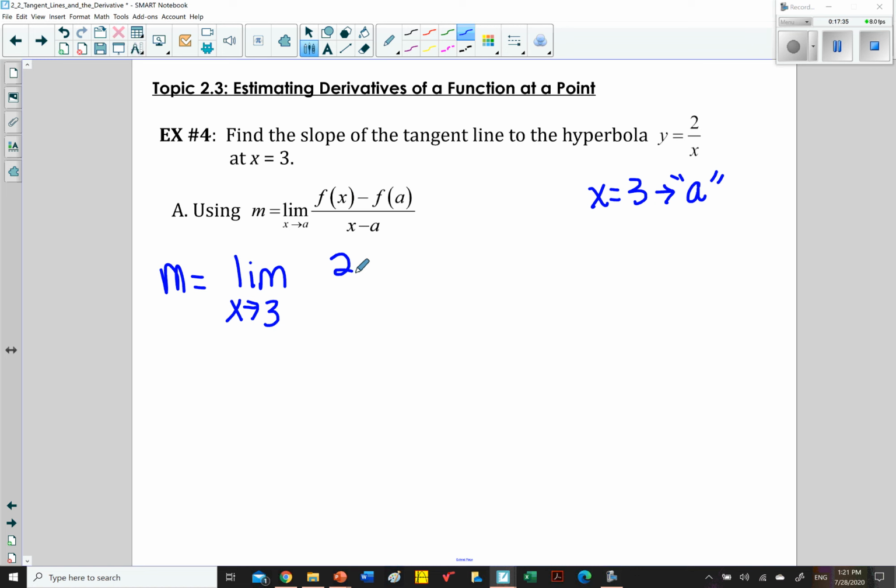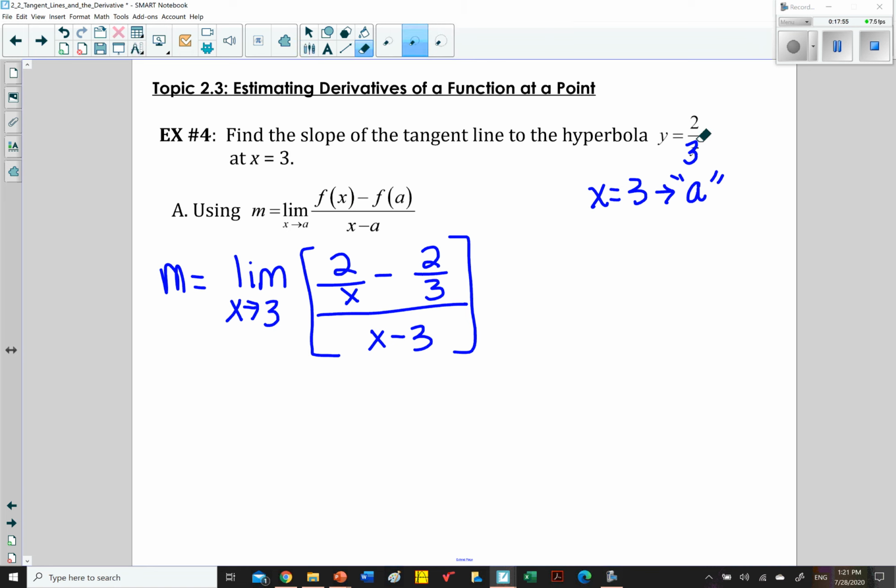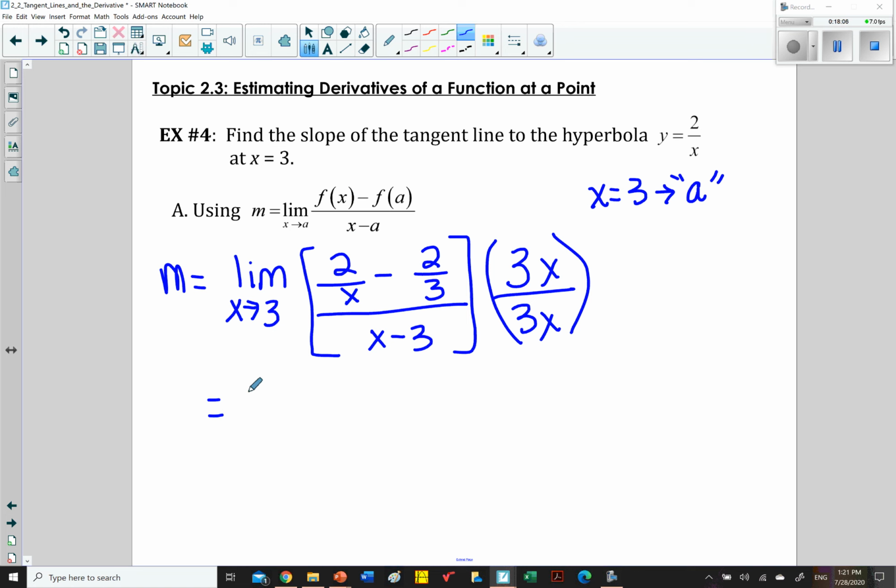The function is 2 over x minus 2 over 3 divided by x minus 3. So what did we do? We substituted our 3 value in here to get the f of 3. So we need a common denominator, and we could do that by multiplying top and bottom by 3x, to clear that fraction.